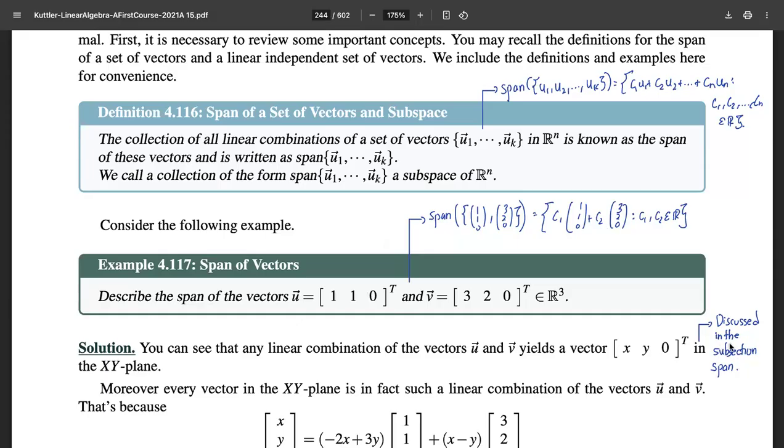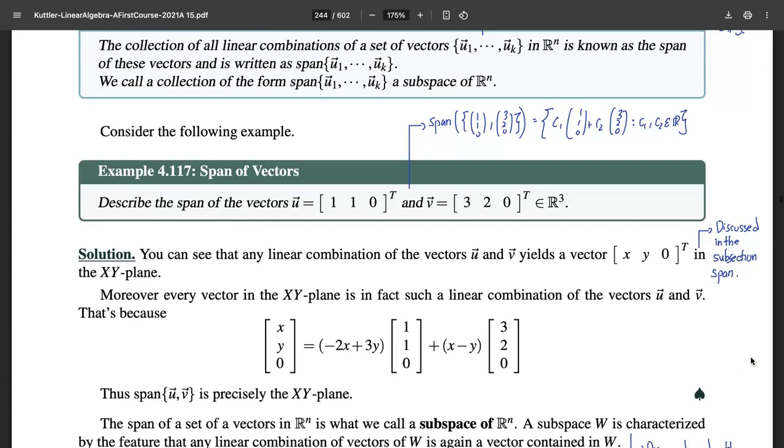We discussed this example in the subsection called span, so I'll go through this briefly, but if you want more details, you can go back to that lecture video. We can see that any linear combination of these two vectors yields a vector where the last component is 0.